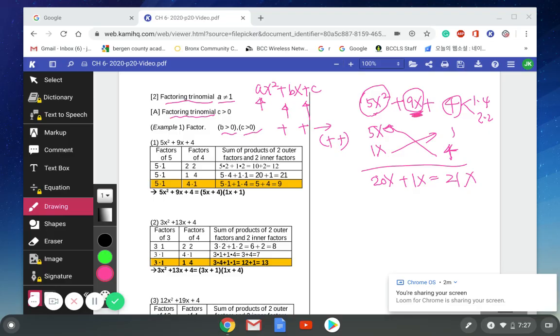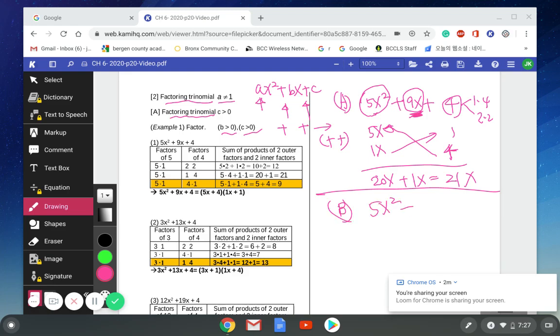It's not desirable because you need to make a 9x after you cross multiply and add them, but you have a 21. So this setup was not good in terms of trial and error. I'm going to try another setup.